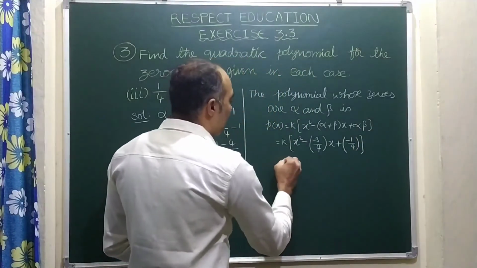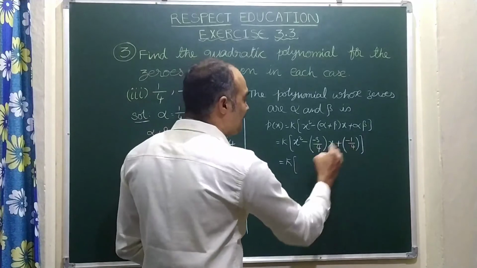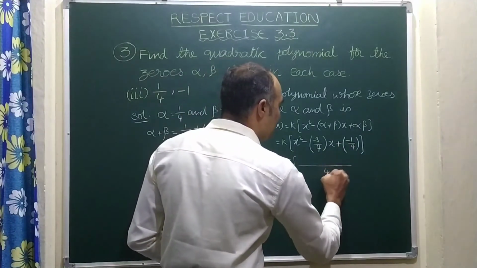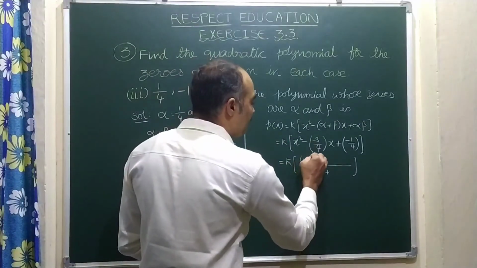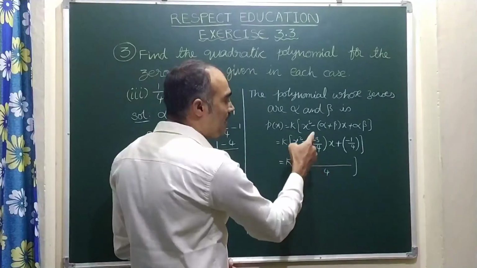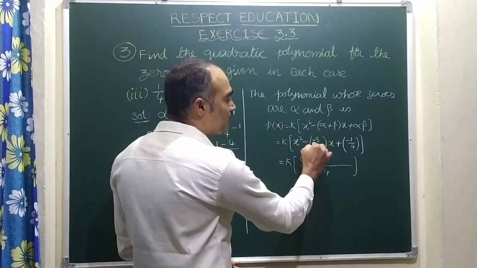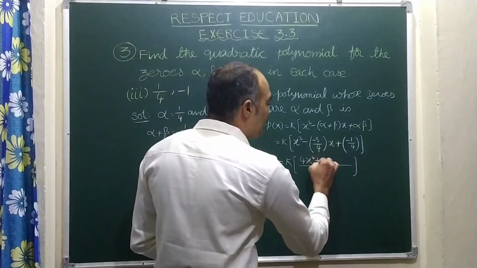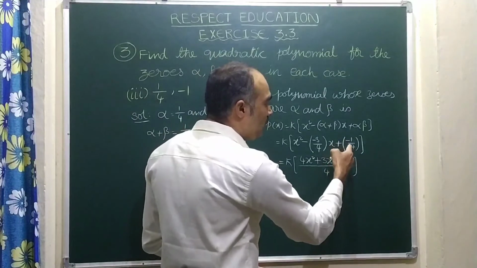Right. Now here k times, I am taking here 4 as LCM. 4 will come as LCM. Now what happens? 4 into x square is 4x square. Here you see the 4 is in the denominator. So we can write the numerator as it is. What is the numerator? Minus into minus plus 3 into x, 3x. So it is plus 3x. Here also same, denominator same.